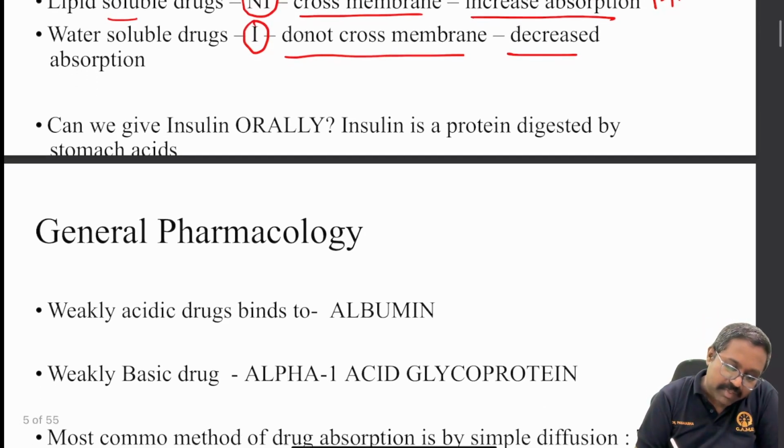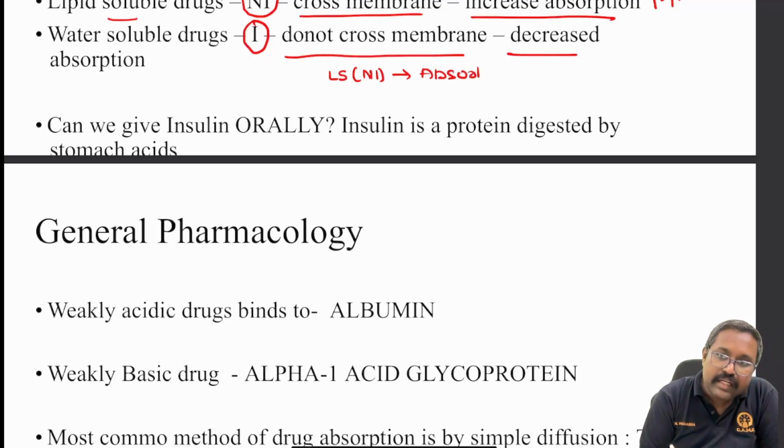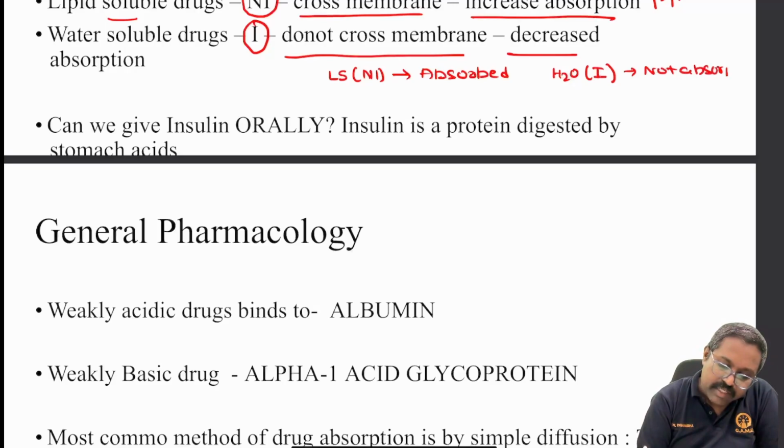So please remember, the lipid soluble form, that means the non-ionized form, will be easily absorbed, whereas the water soluble form exists in the ionized state and will not be absorbed, or absorption will be decreased.